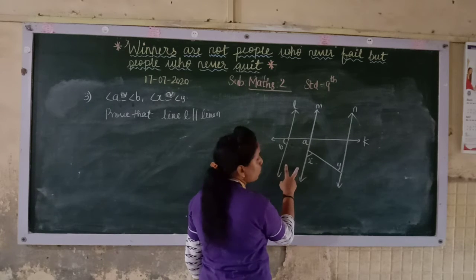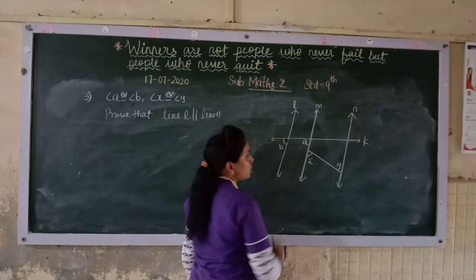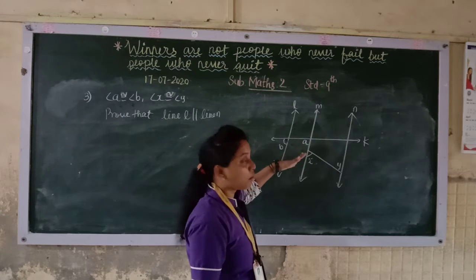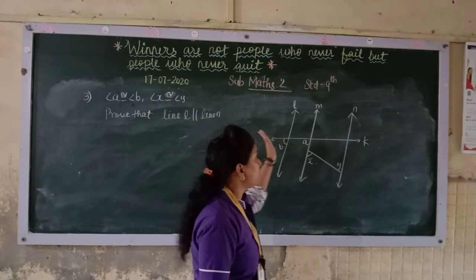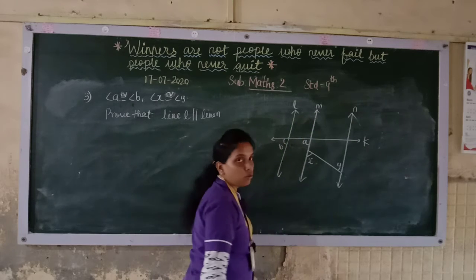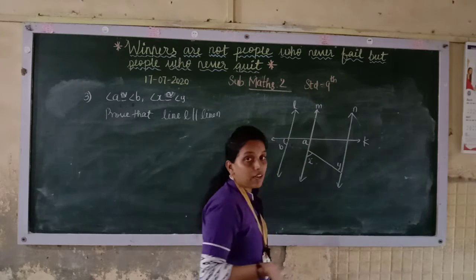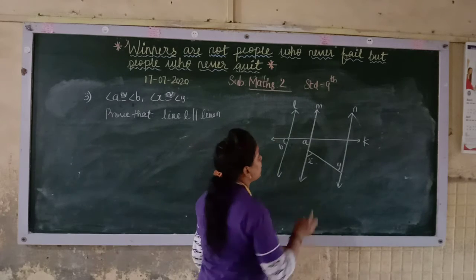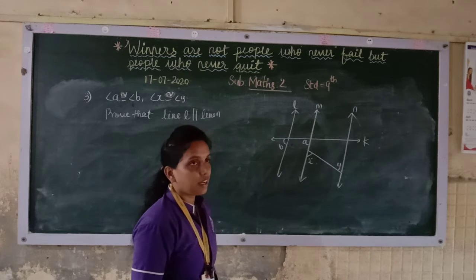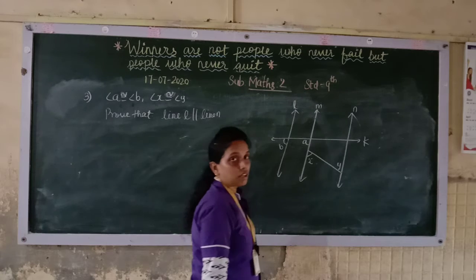So here, when you say that these are corresponding angles, means what? Why are they corresponding angles? Because L and M are parallel and K is the transversal. So L and M are parallel to each other. Now take X and Y. They are alternate angles because M and N are parallel to each other and this is the transversal.